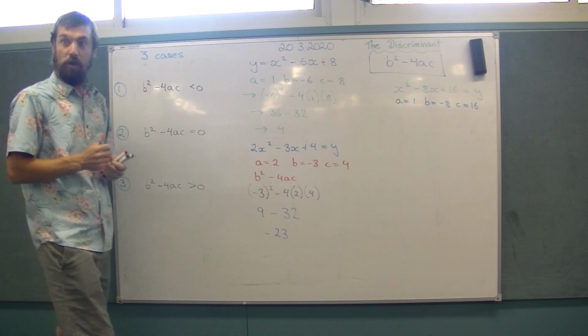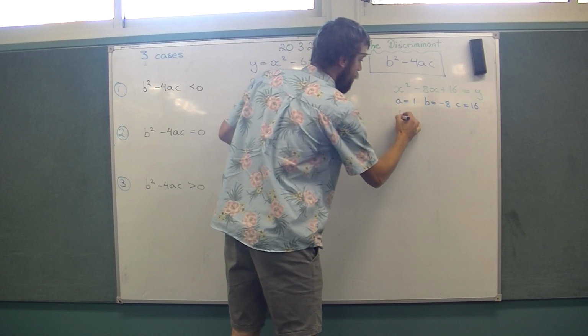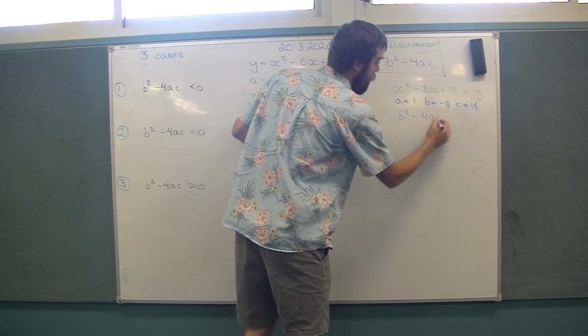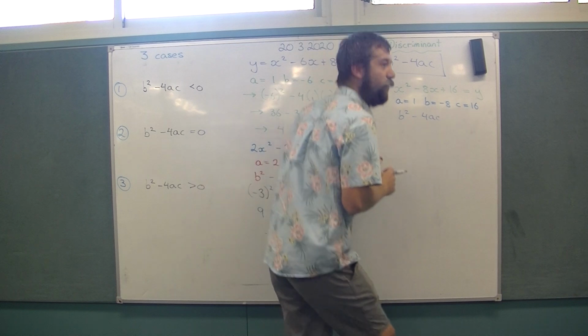Discriminant equals 0. Equals 0. 4, 6, 24.